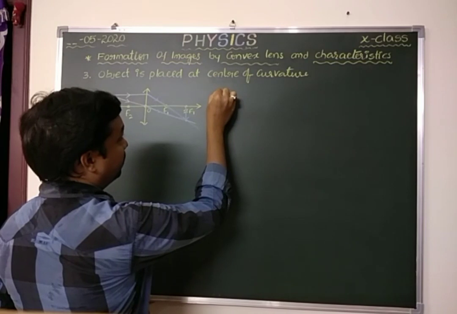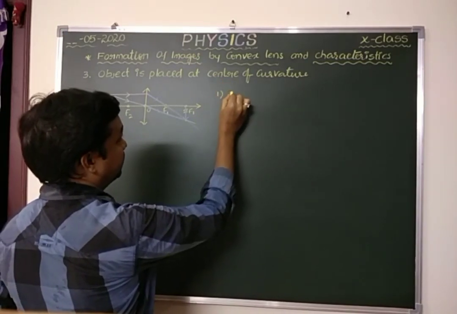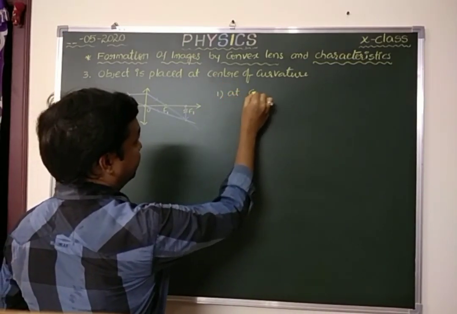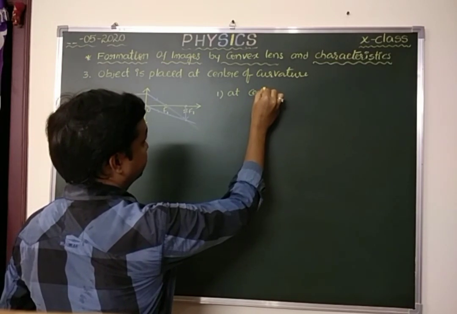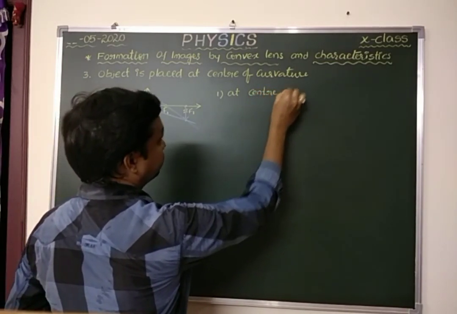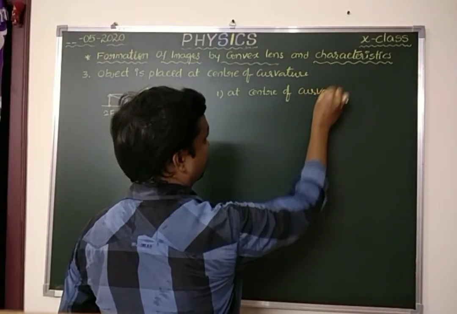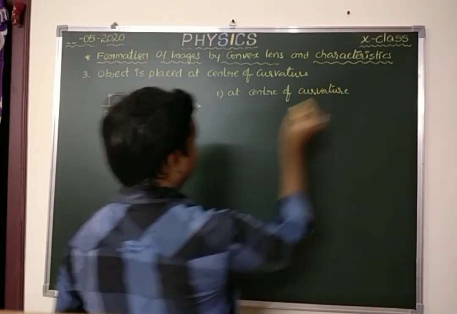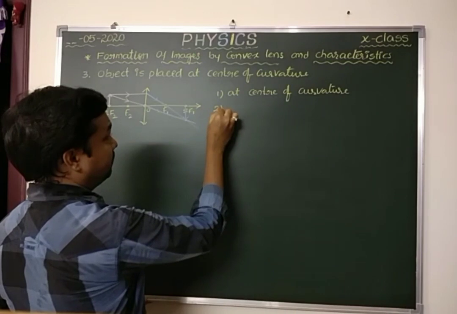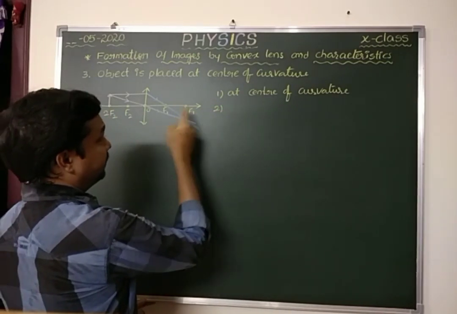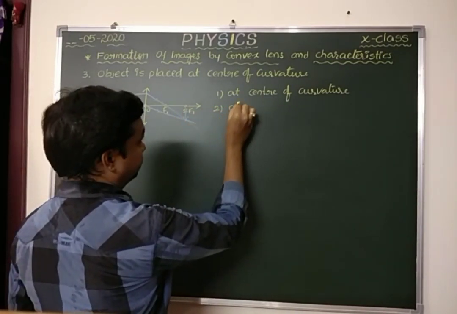Where is the object? Object is at center of curvature. Where is the image formed? Image is forming at center of curvature only.